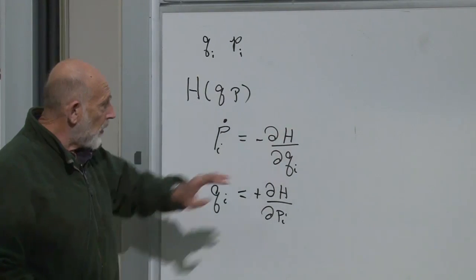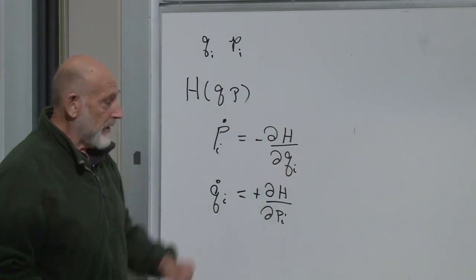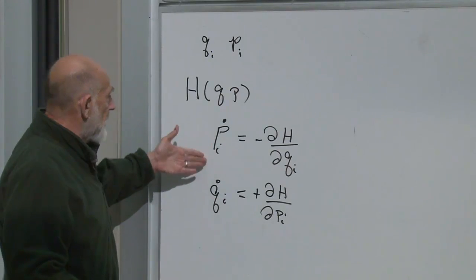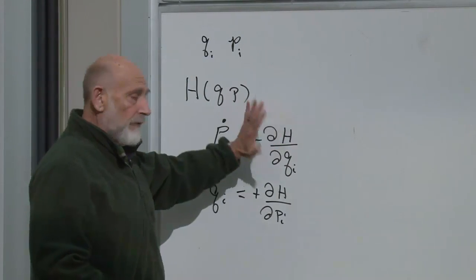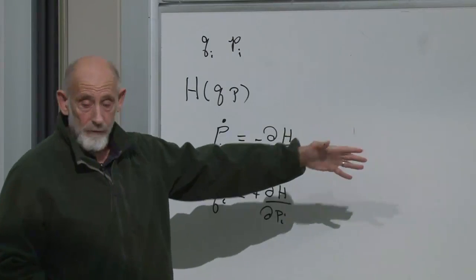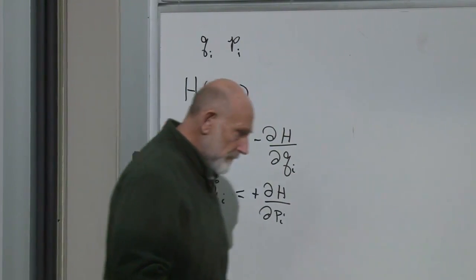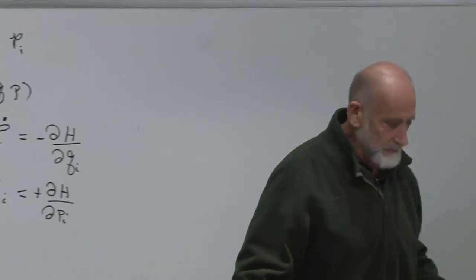All the i's appear in H, and so this equation can say that P1 dot is some function of P1, P2, P3, all of them, and likewise here. Okay, but the equations come in pairs.